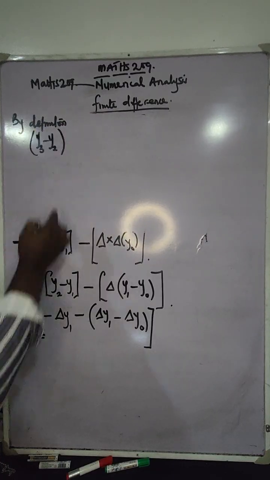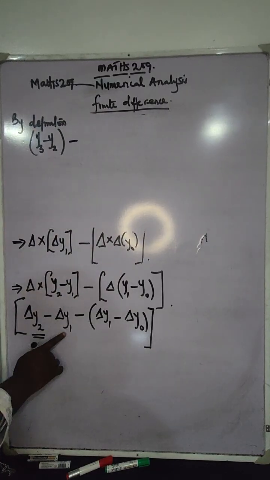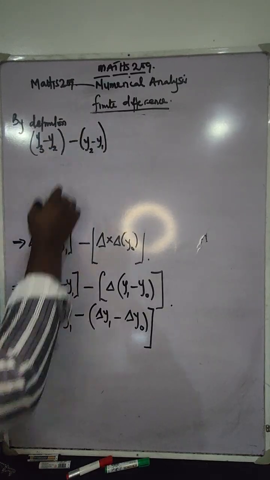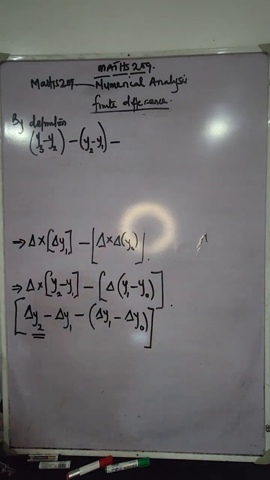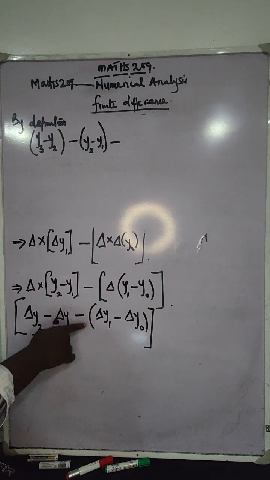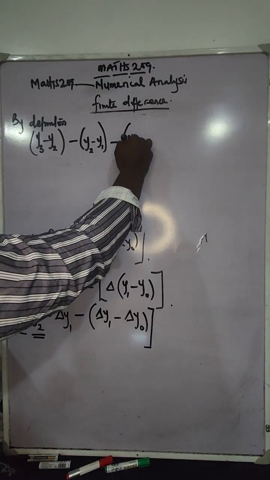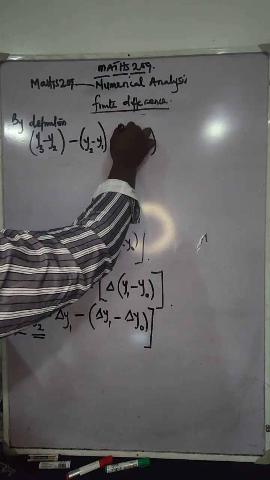Did you see that? And then minus the forward difference of y1, which is y2 minus y1. And then minus again, what is the forward difference of y1? We say y2 minus y1.